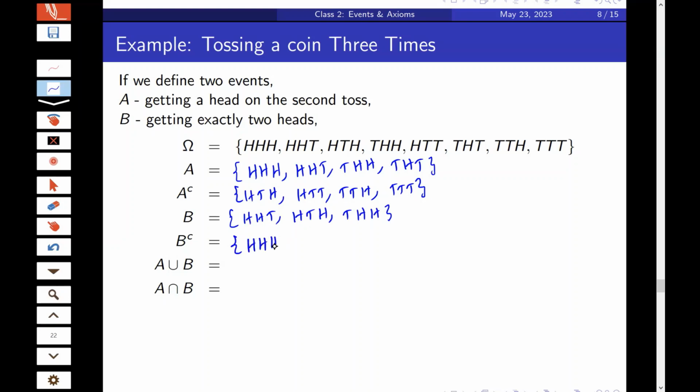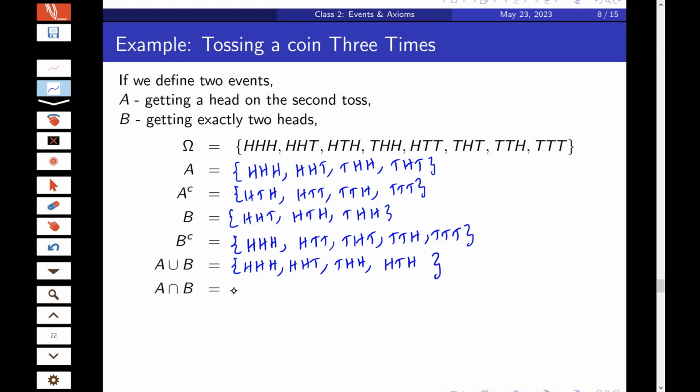So B complement is HHH, HTT, TTT, THT. Okay, so A union B is HHH, HHT, THH, HTH, and A intersection B, the common items for A and B, is HHT and THH.